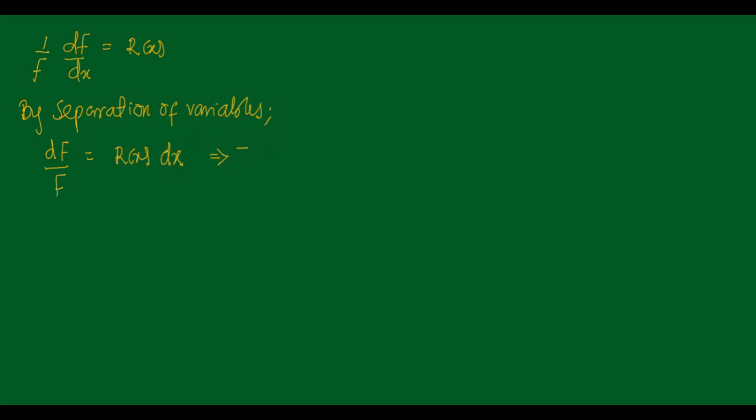So you can go ahead to integrate both sides of the equation. So by integrating both sides, we now have that the integral of df over f must be equal to the integral of r(x) with respect to x. Recall, r is only given as a function of x if after evaluating 1 over q, dp/dy minus dq/dx, we get a function in x only.